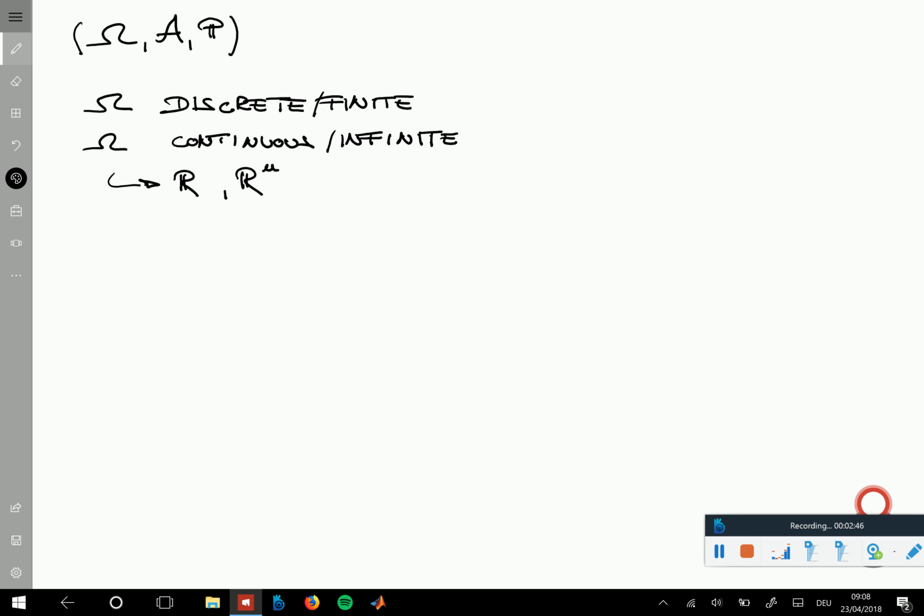In this case, for the sigma algebra, you cannot use the power set anymore, and this really goes deep into measure theory to understand why this is the case. So we don't have to deal with it here.